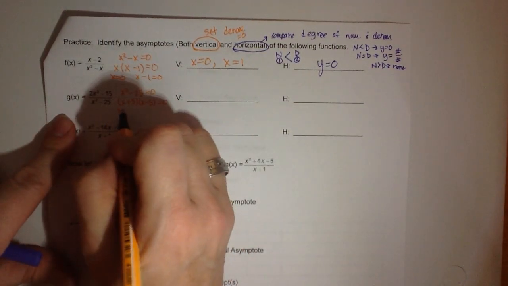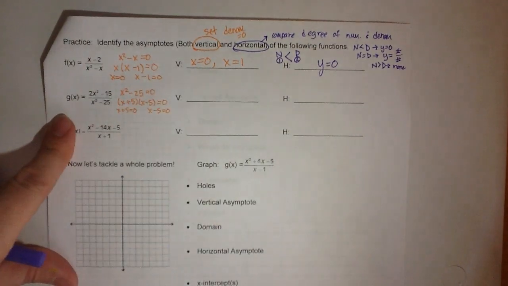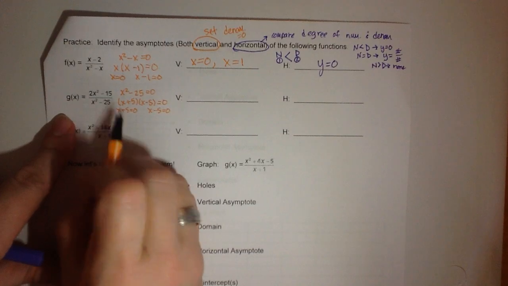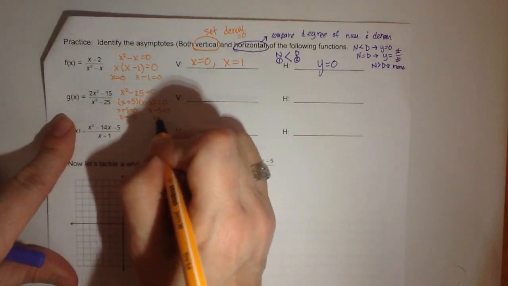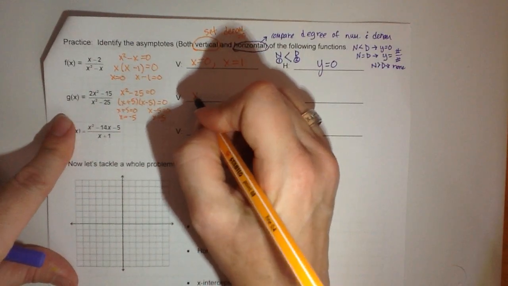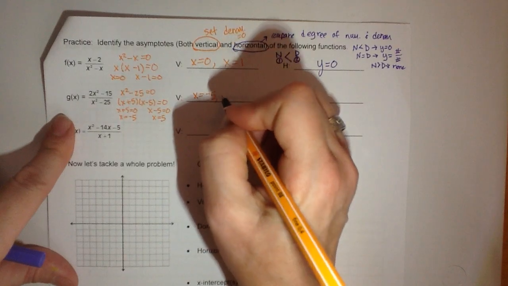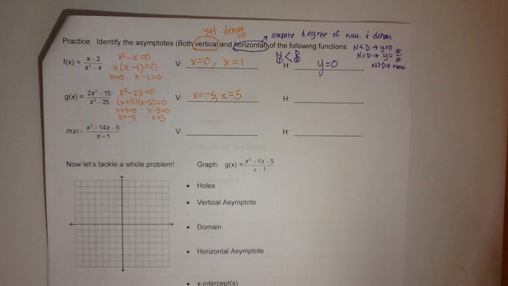So then we set x plus 5 equal to 0, set x minus 5 equal to 0. Subtract that 5 over, we get x equals negative 5. Add that 5 over, x equals positive 5. So we have 2 vertical asymptotes again, one at x equals negative 5, one at x equals positive 5.